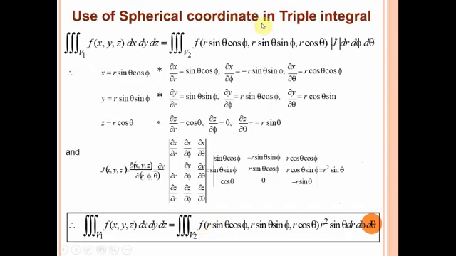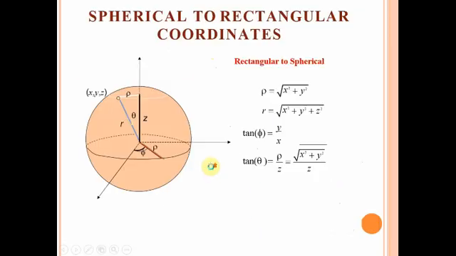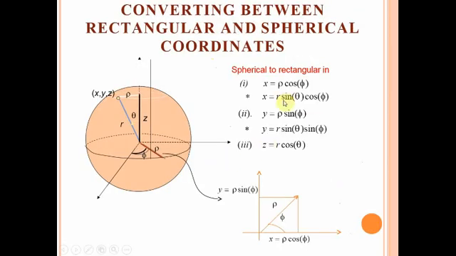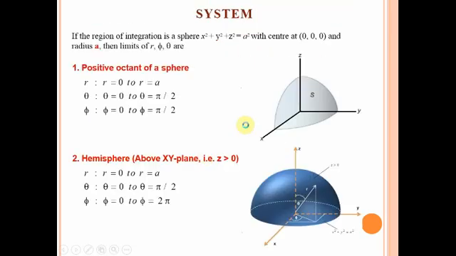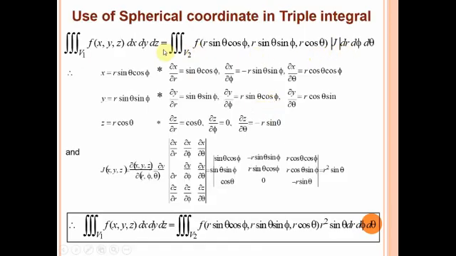And if we go to spherical coordinate triple integration, then again we have the triple integration of f(x, y, z) dx dy dz. But now we put r sin theta cos phi, r sin theta sin phi, r cos theta, as we have already found out here. And the Jacobian value is equal to r square sin theta, so this r square sin theta can be put over here.